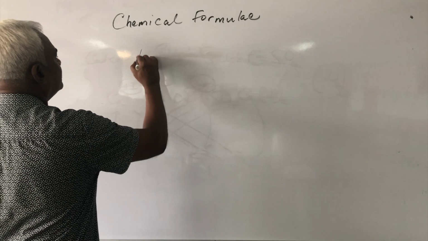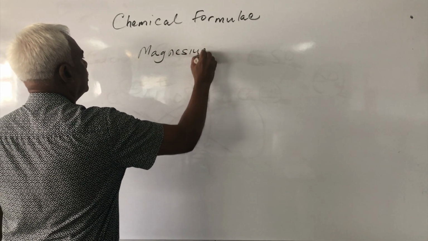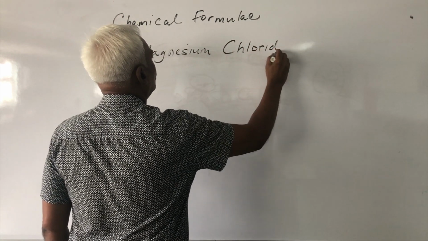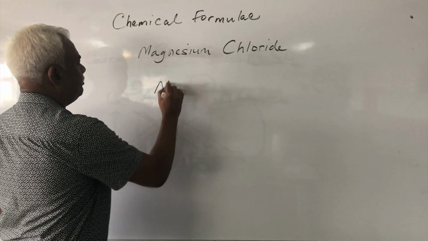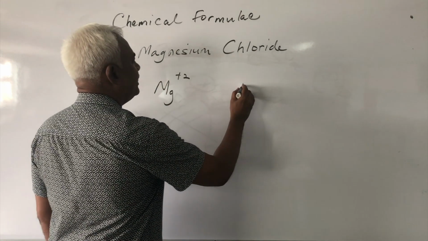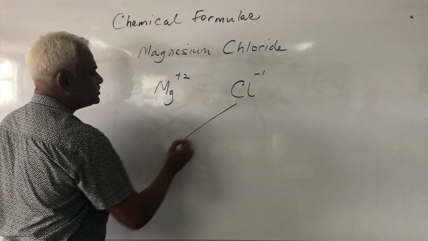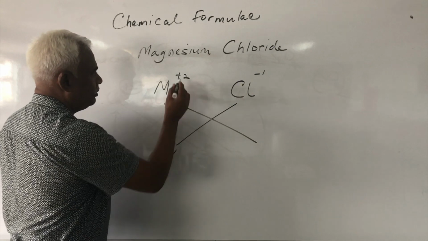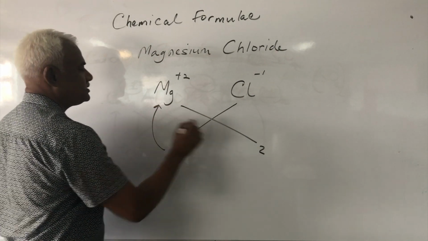Let's look at magnesium chloride. Magnesium +2, chloride -1. Rule cross. 1, number 2. Link the numbers.